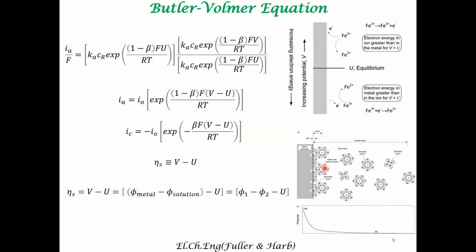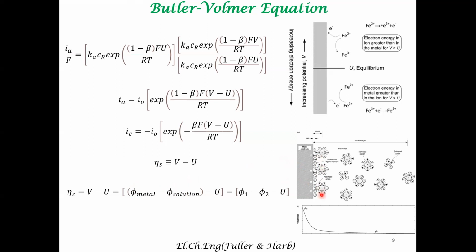So in practice, we will often be decomposing this potential V into two quantities: the potential of the metal, and the potential of the solution, which can be measured using a reference electrode placed in this region.